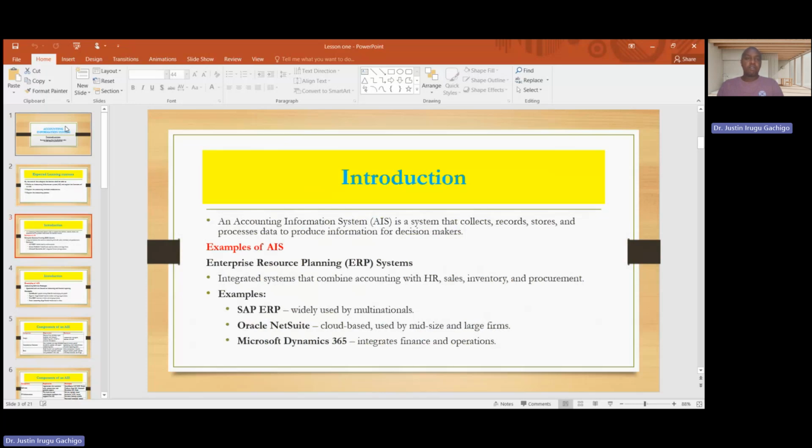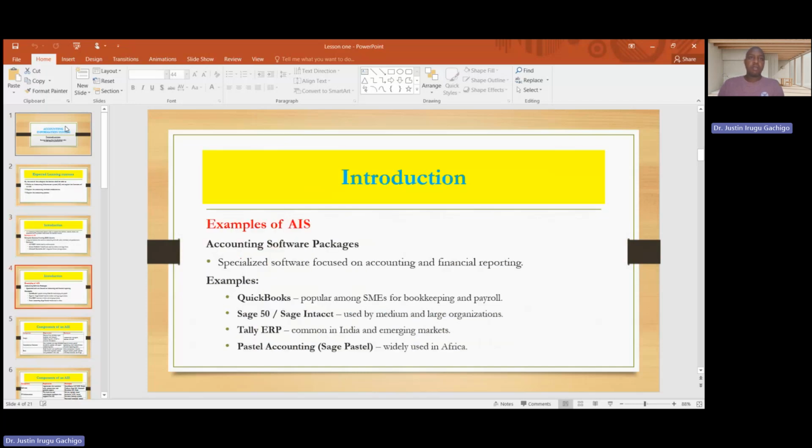Examples of accounting information systems: one, enterprise resource planning, popularly abbreviated as ERP. This is an integrated system that combines accounting with HR, sales, inventory, and procurement. Examples are SAP, Oracle, and Microsoft Dynamics.